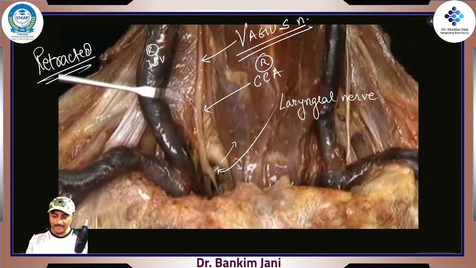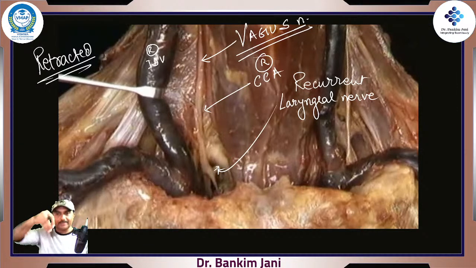I always remember how God must have been thinking that we need to give some nerve supply to the larynx, and he forgot. So this is the recurrent laryngeal nerve, which comes out at a distal end and then comes back up. That's why it is called the recurrent laryngeal nerve, emerging from below and then going up. So that is the right recurrent laryngeal nerve.